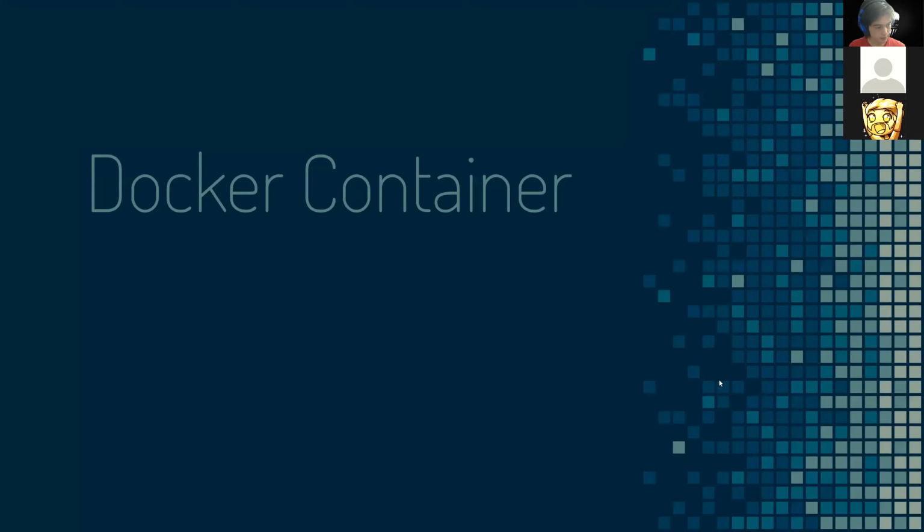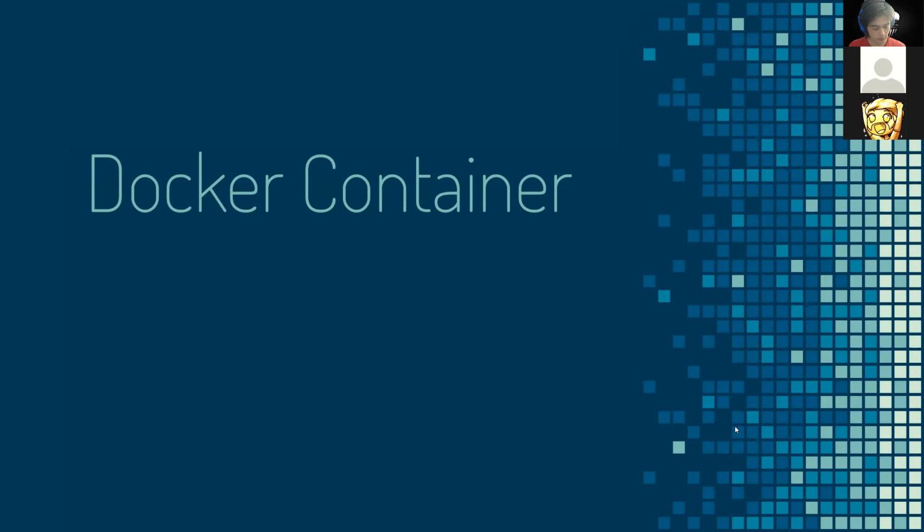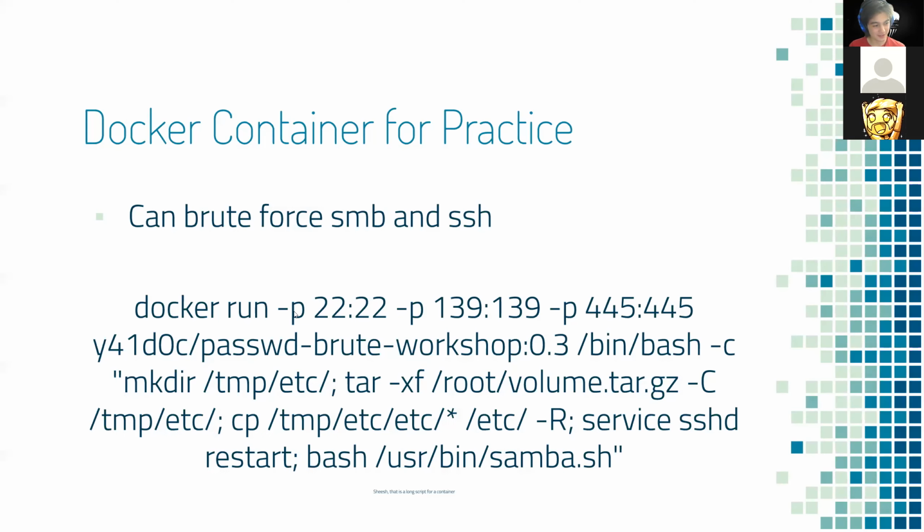All right, moving on. We will be using a Docker container for the CTF, and Noah, I'm sorry, your PTSD is probably going off right now since your Docker container is not working. But yeah, we're going to be using a Docker container that has SMB and SSH on it.